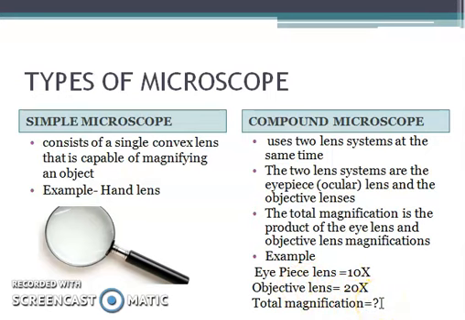The eyepiece lens is usually 10 times, while the objective lens magnifies 4 to 100 times. I will go into more detail in the parts of the microscope.